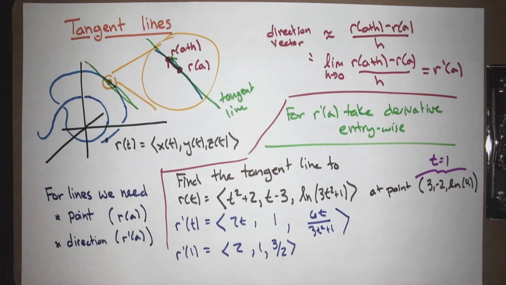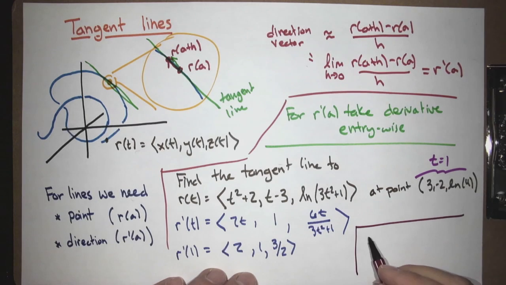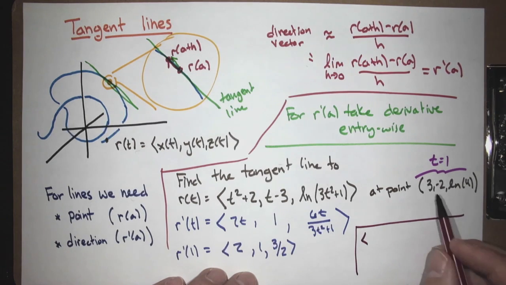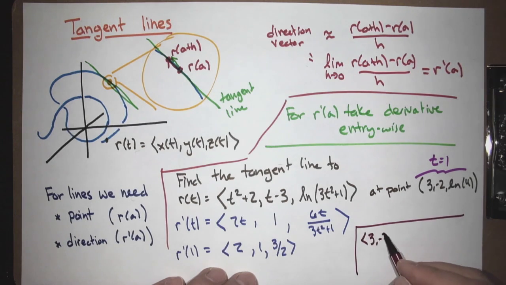Well, you can use both, but that's just extra time to write. I don't know if I have enough space to write both this time. Let's do vector. If I'm doing it in vector, you write your point as a vector: (3, negative 2, log 4), plus, and then you have an entry here. We almost always use t.